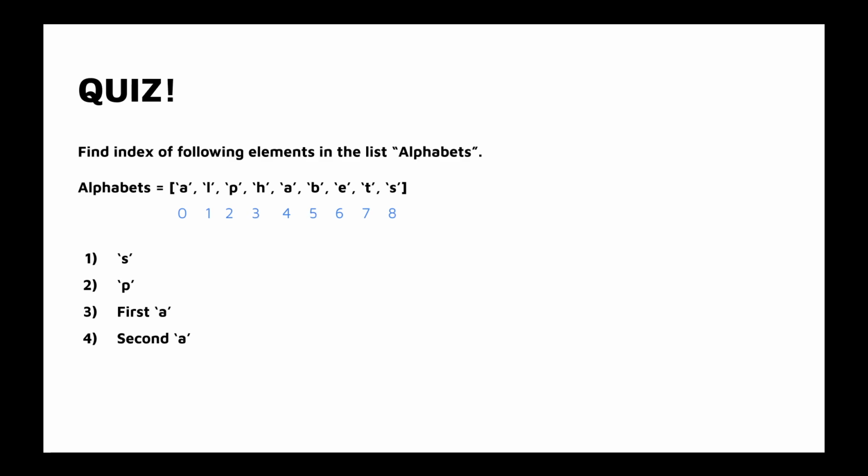Now we can easily find the index of each element. S here is at the end of the list, so it has to be 8. P should be 2, and the first A should be 0, and the second A should be 4. Okay.